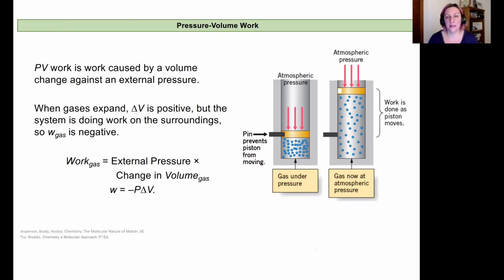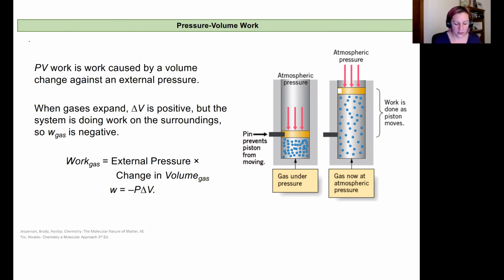A lot of times, chemists are going to simplify this idea of internal energy change by looking at the heat only, and we'll talk about that in a coming lecture. But let's take a look at the type of work that we commonly see in a chemistry context around internal energy change. So pressure volume work is work that's caused by a volume change against an external pressure.